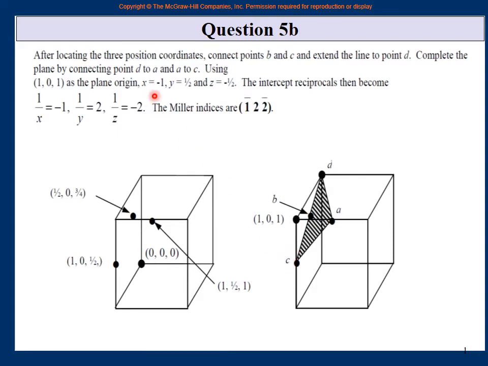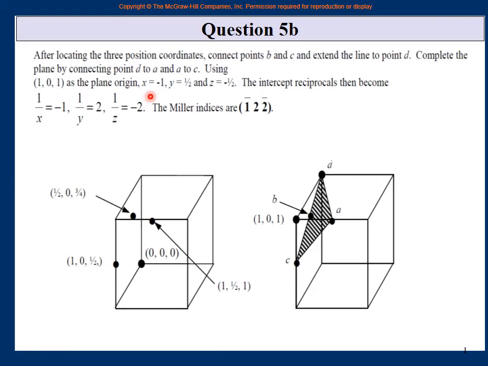So these are your original intersection points. To find the Miller indices, you take the reciprocals of these, 1 upon x, 1 upon y, 1 upon z, right? First find the intercepts, and then, so 1 upon x is -1, 1 upon y is 2, 1 upon z is -2, right? This is it.